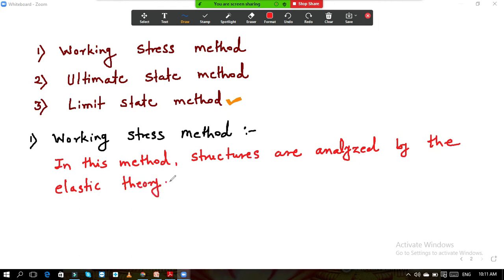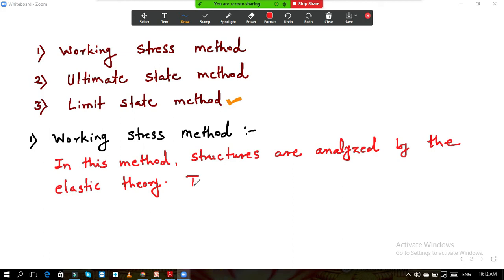So the elastic theory is considered here, that is your Hooke's law, where stress is directly proportional to strain. After the point of proportionality passes, there is still a relation between stress and strain, but it is not linear. So, before entering the plastic state, this working stress method is based on the elastic theory.